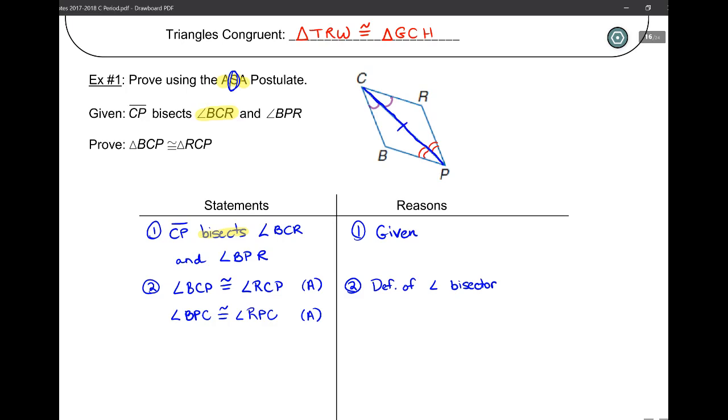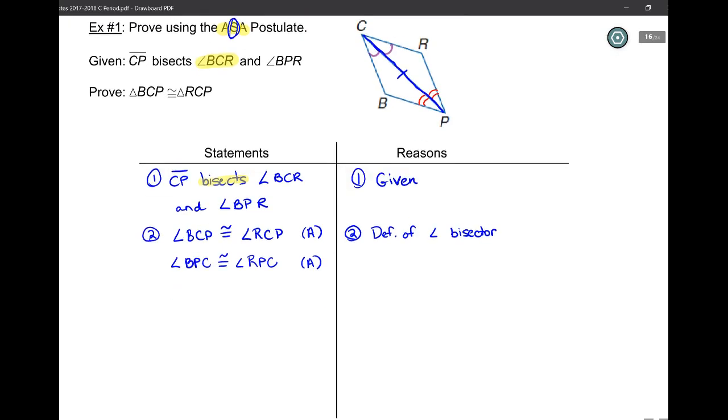If you notice, here are the two angles, and this included side is part of both of those angles. So I'm going to write that down. Statement 3 is going to be CP congruent to CP. Again, that's my pair of sides. So my reason is reflexive property of congruence, but you can just write reflexive.